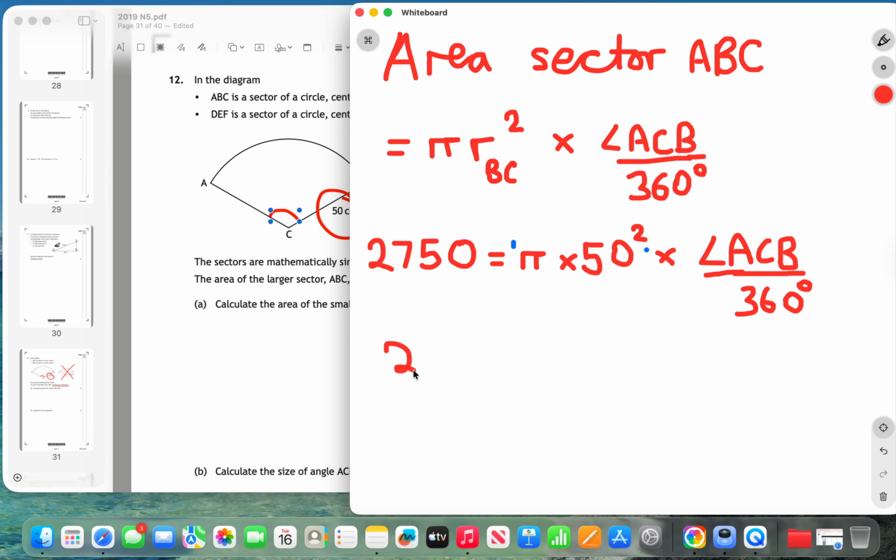If we divide both sides, then we cancel this out, take it over.